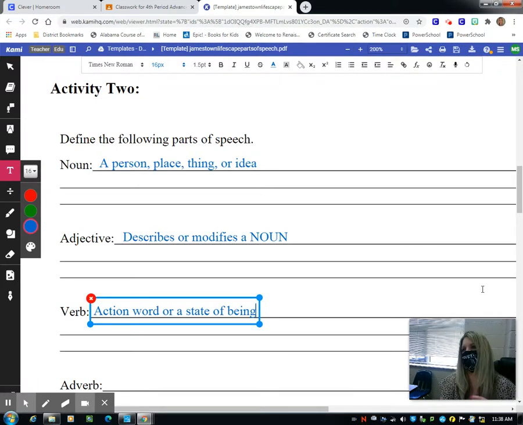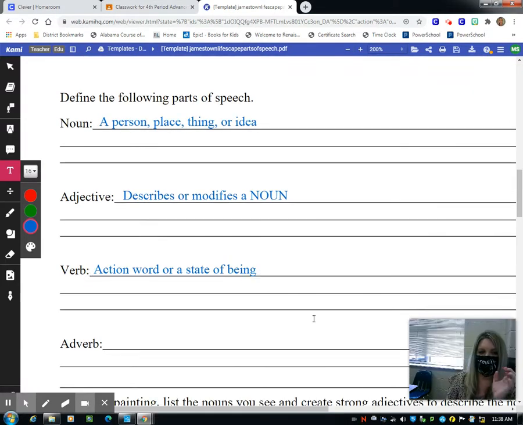Okay, so state of being, what that means is some verbs are not actions. If you said Joe is smart, is your verb.